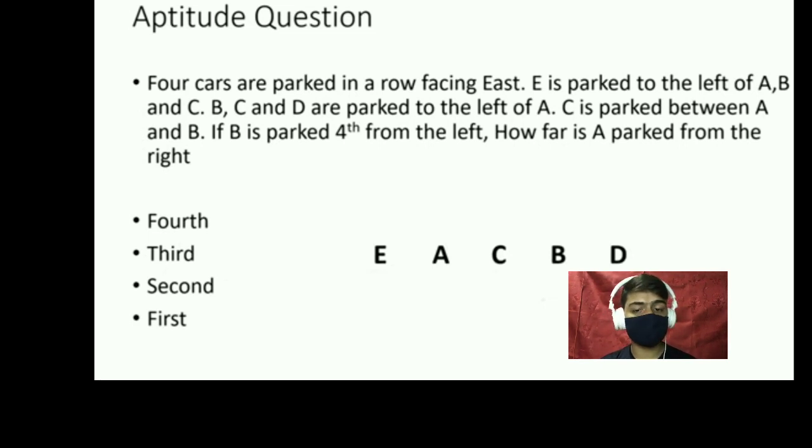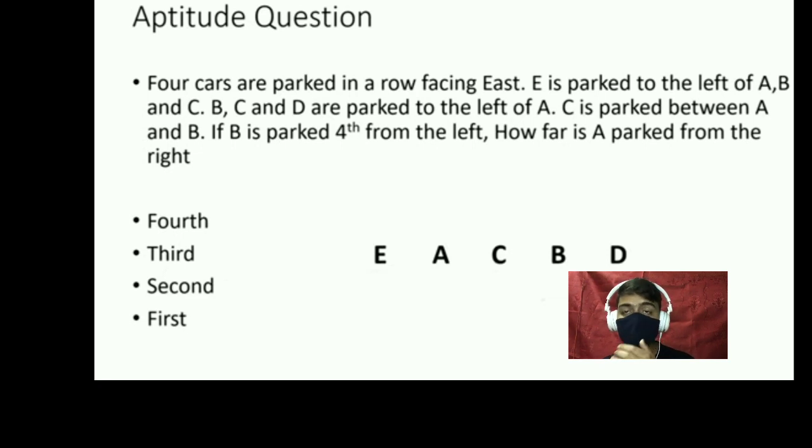Let's move into the next question. It's an aptitude question. 4 cars are parked in a row facing east. E is parked to the left of A, B and C. B, C and D are parked to the left of A. C is parked between A and B. If B is parked fourth from the left, how far is A parked from the right?